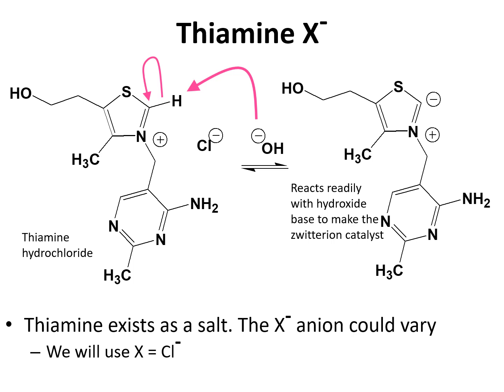Now when the base abstracts a hydrogen, it creates a zwitterion catalyst. A zwitterion is just an ion with both positive and negative charges, and that's chemically what you see in this slide.